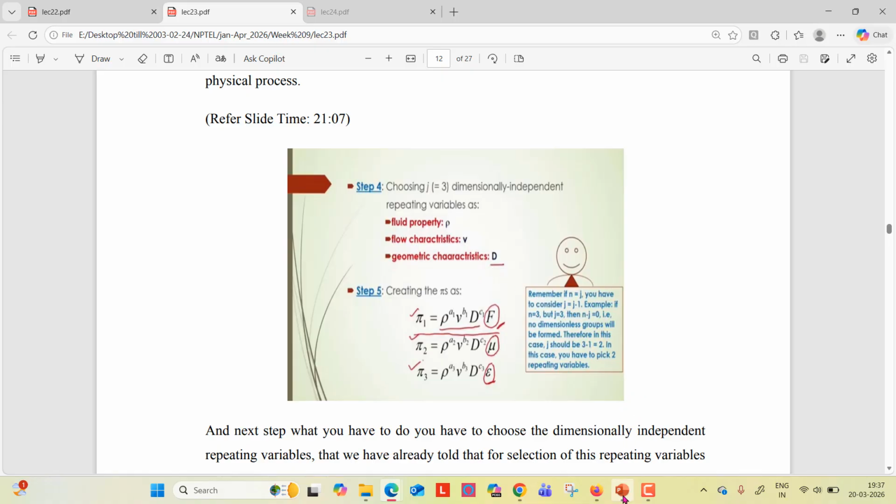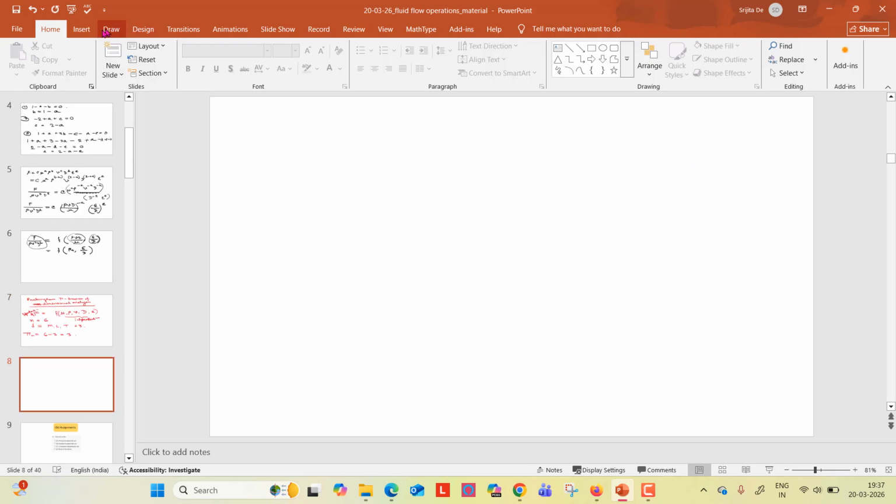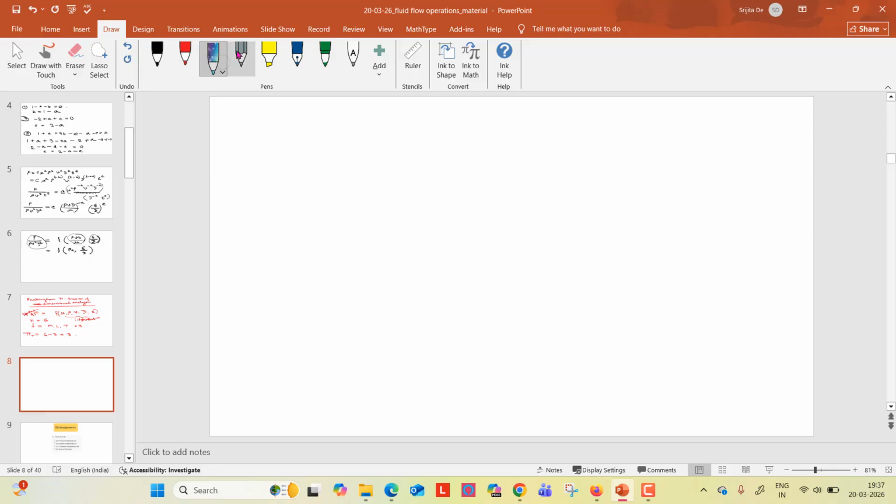So what are the repeating variables for this system? It is from fluid property, from flow characteristics, and from geometric characteristics. So from the fluid property, it will be rho.